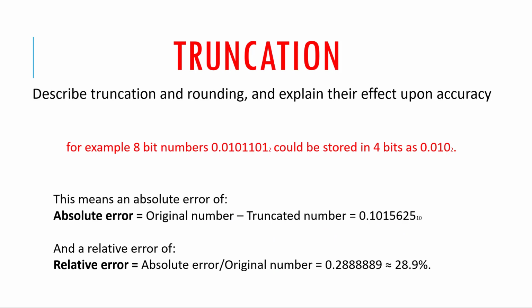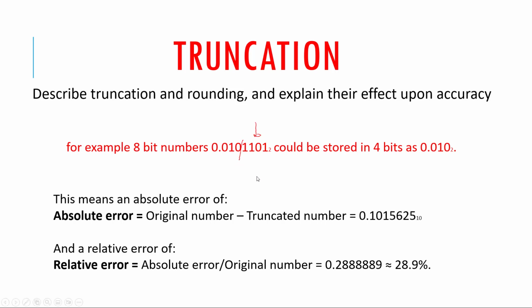So, truncation. Truncation and rounding, you will be expected to compare these. They don't give it on their own. You'll be expected to compare them. All right. Now, for example, if you're truncating, you're chopping the number. So in this example, we've got 8 bits here, and we're trying to chop these off here.